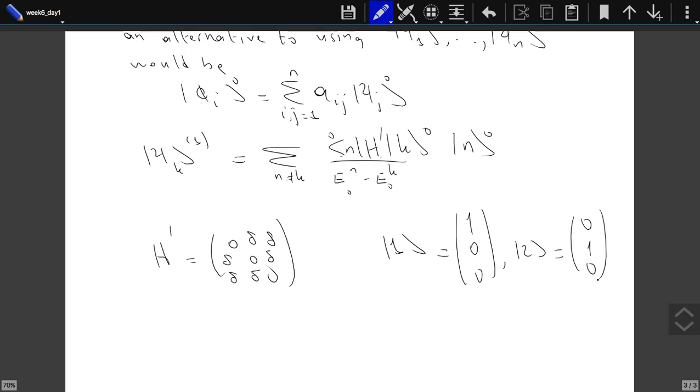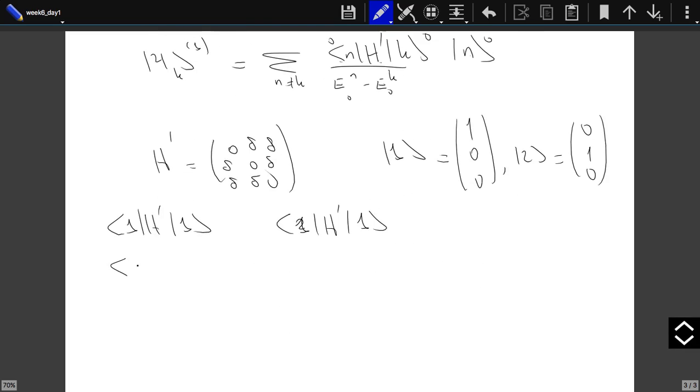So let's form this matrix: H prime 1,1, H prime 1,2, H prime 2,1, H prime 2,2.